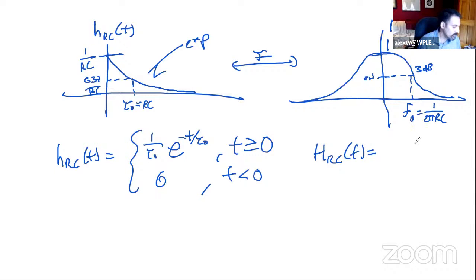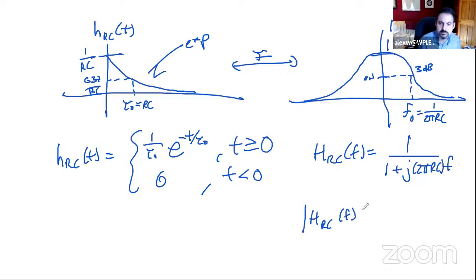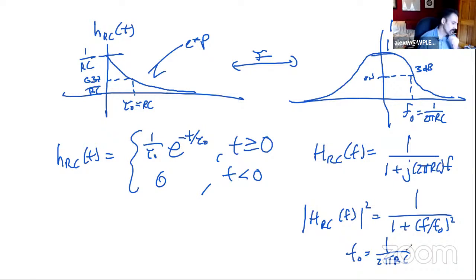It's going to be equal to 1 over 1 plus j 2 pi RC f. And the power spectral density, magnitude squared, is 1 over 1 plus (f over F naught) squared, where F naught is equal to 1 over 2 pi RC. Okay, awesome. So we're cooking with gas here.